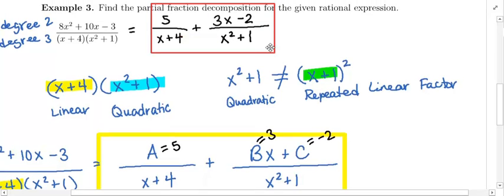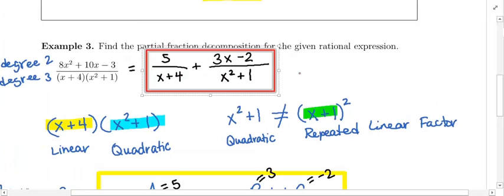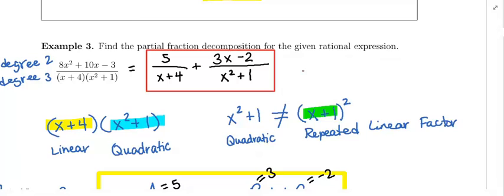We have written the original fraction as simpler fractions that we are summing. You can check yourself by taking the result in the red box, getting a common denominator and simplifying to make sure you get the original fraction, 8x squared plus 10x minus 3 over x plus 4 times x squared plus 1. I'll leave you to check it.